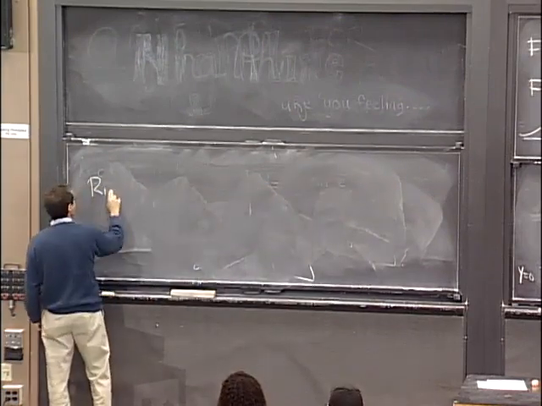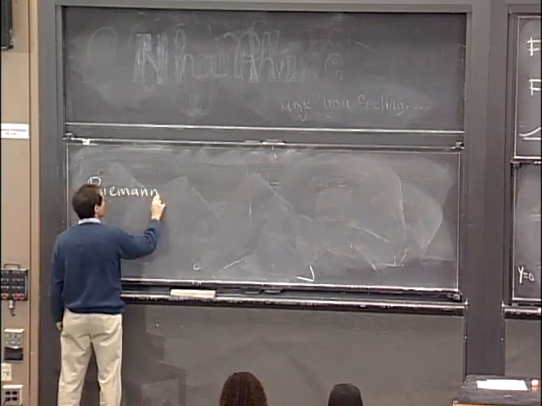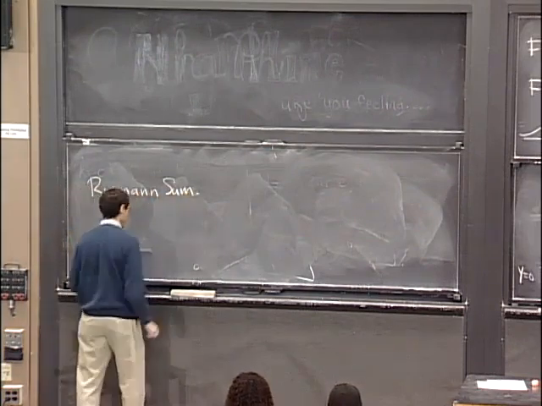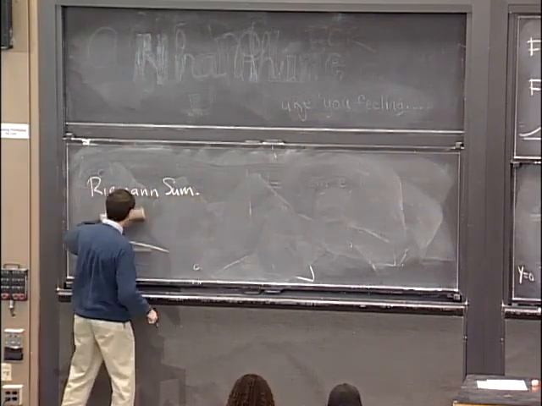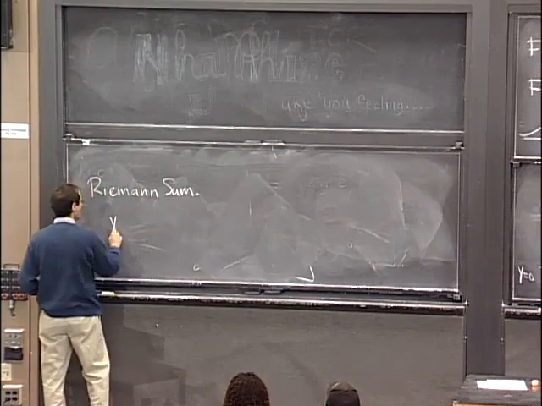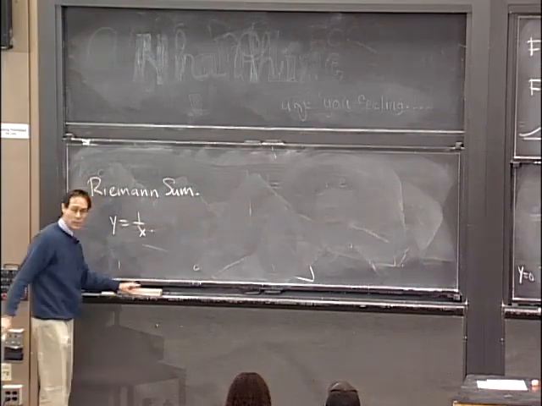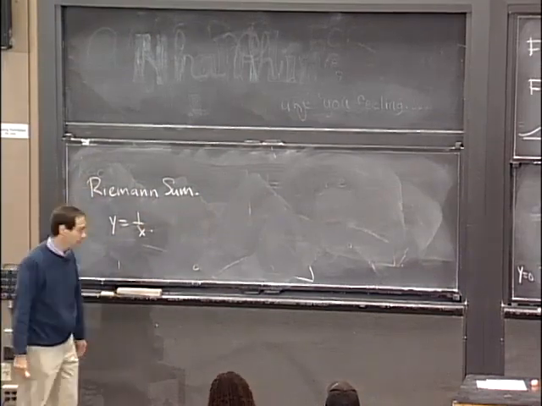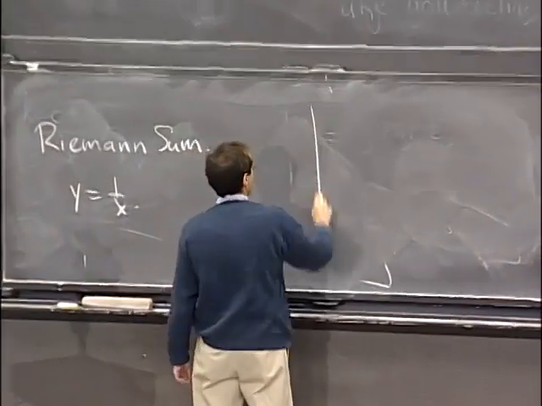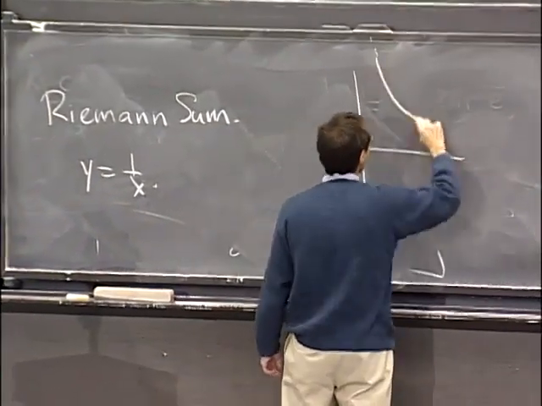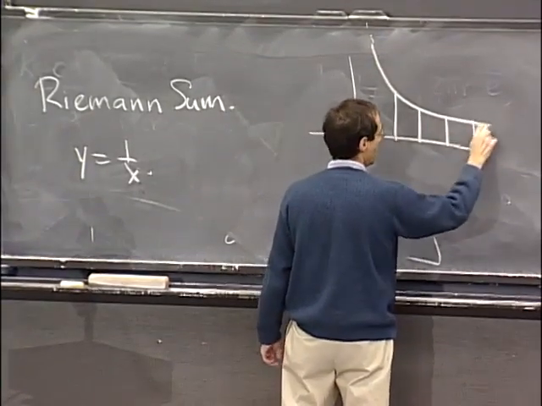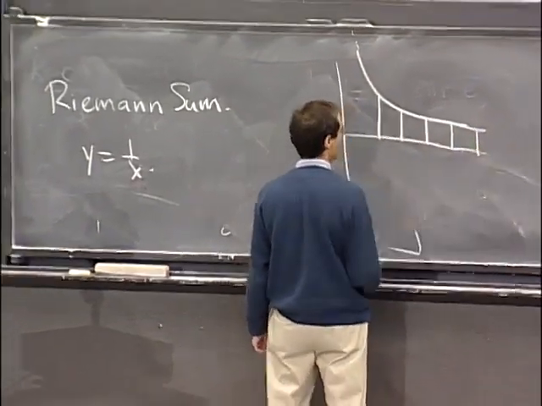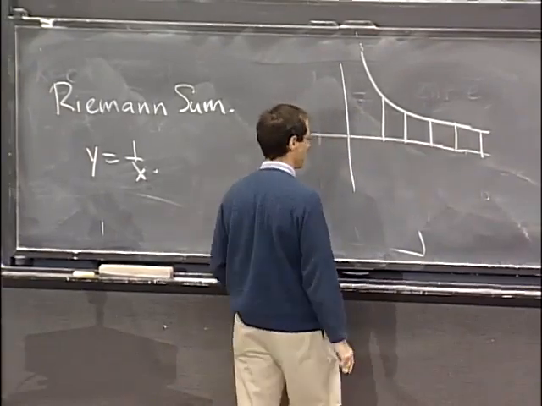So here we have a Riemann sum. And I'm going to give you a picture which is maybe this function y equals 1 over x, which was the one that we were discussing earlier. If you take the function y equals 1 over x and you break it up into pieces, it doesn't matter how many pieces. Let's just say there are 4 of them.